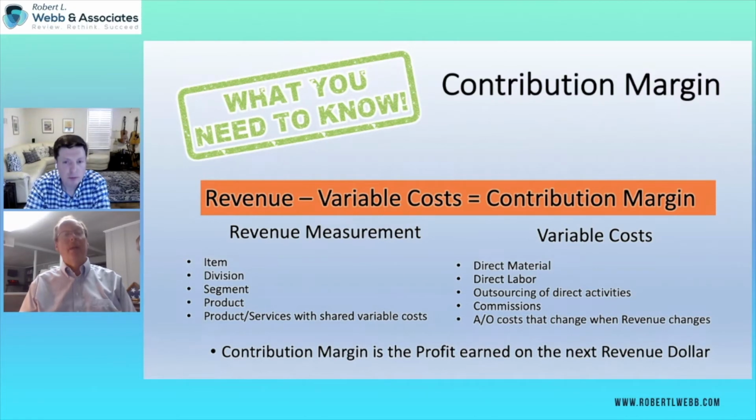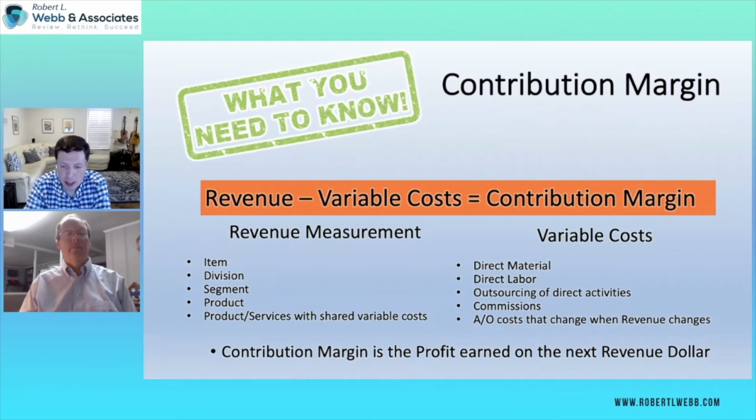We're simply looking at, if I sell another unit or I have another $1, $10, $100, $1,000 of revenue, what changes to help me generate that? And it's material, labor, outsourcing, commissions, and maybe some other smaller expenses that vary with revenue.